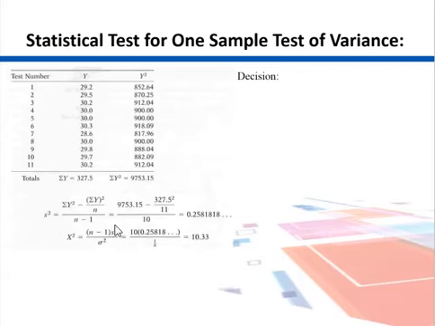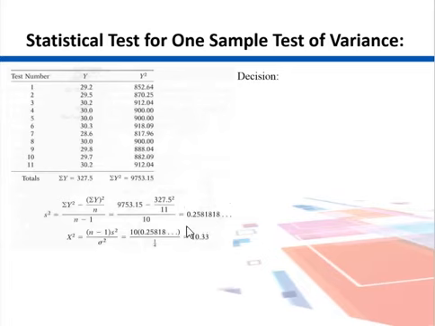The sample variance s square is sum of y square minus the square of sum of y divided by n, and everything divided by n minus 1 degrees of freedom, which is 10.